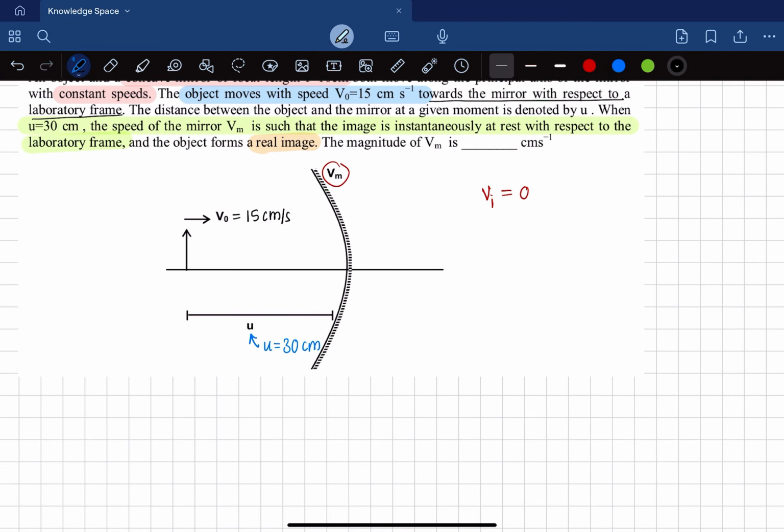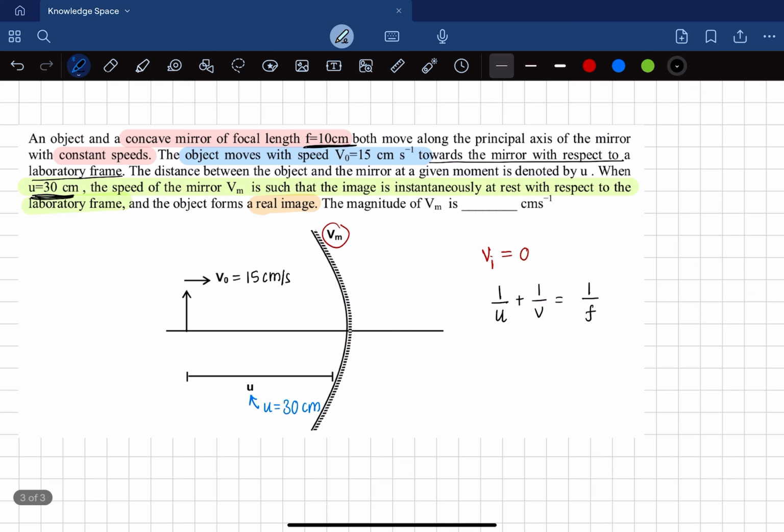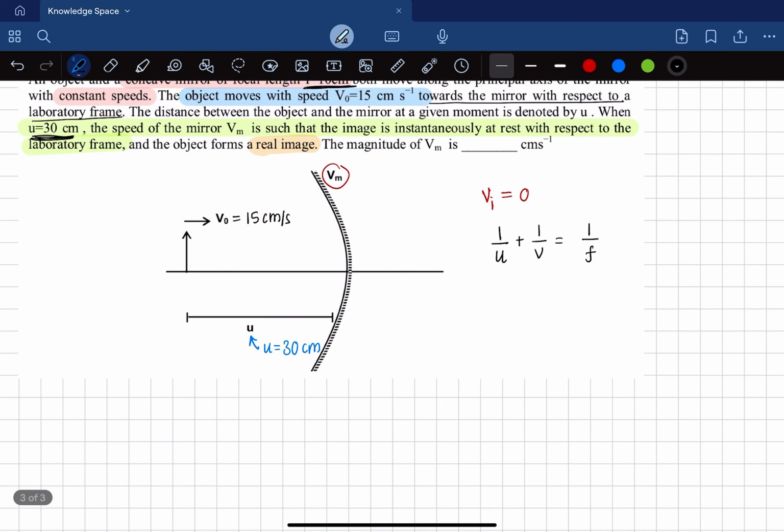So for a mirror, we know that 1 over u plus 1 over v is equal to 1 over f. Now they told us u, which is here, and they also told us f, which is here. So we just have to plug them in using the sign convention, of course.